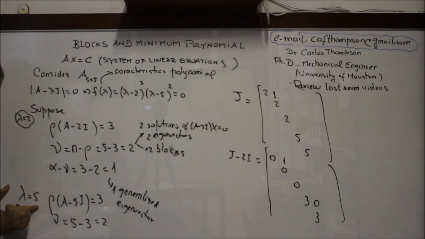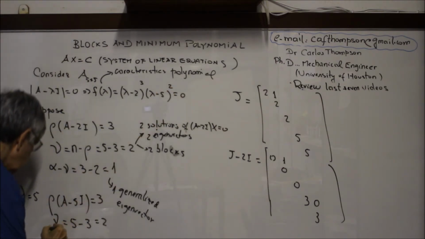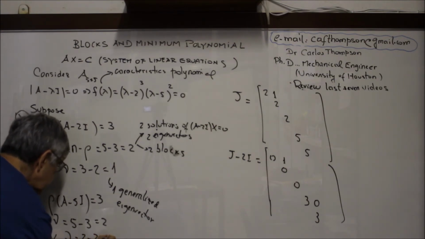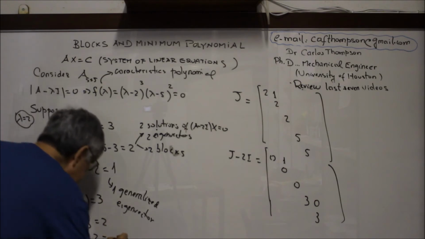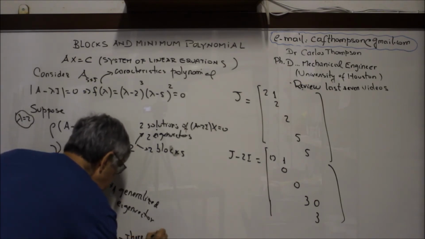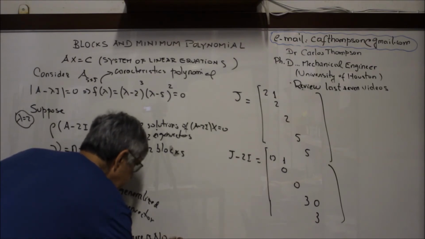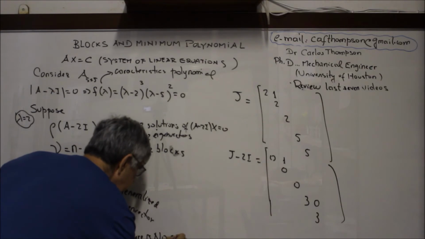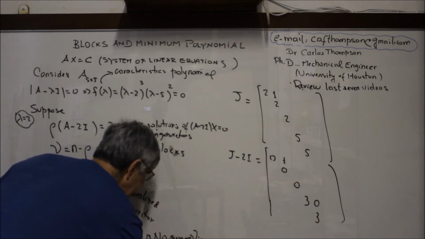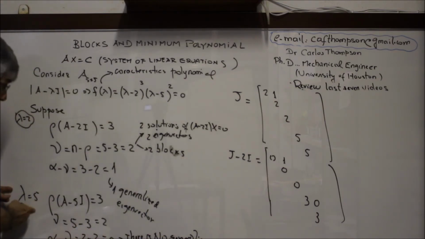Now, for lambda equal to 5, the multiplicity is 2. So alpha minus nu is equal to 2 minus 2, which is 0. I guarantee that there is no generalized eigenvector for lambda equal to 5.